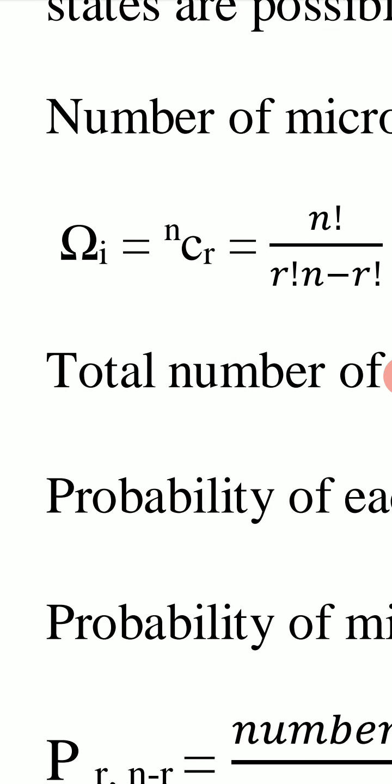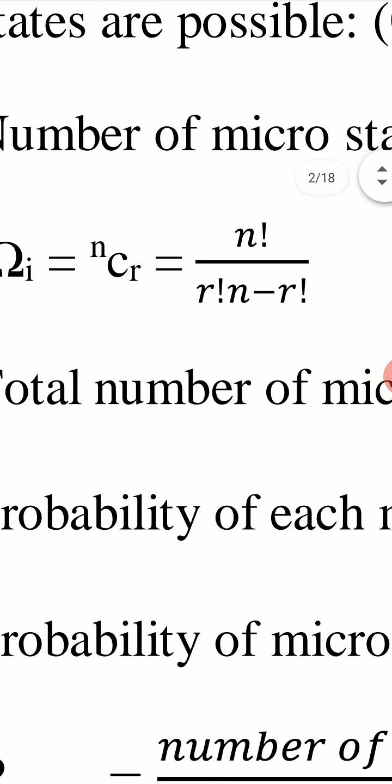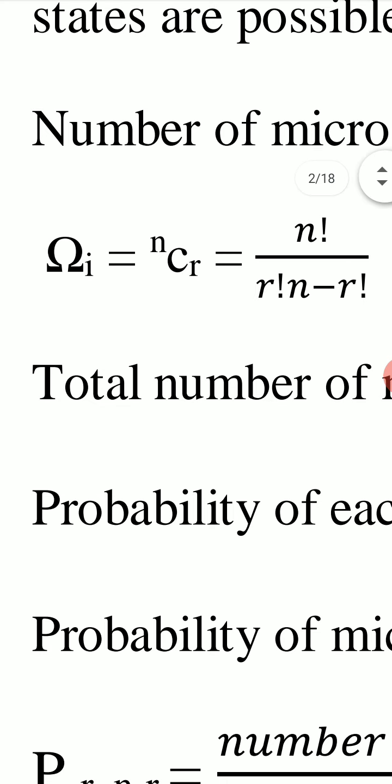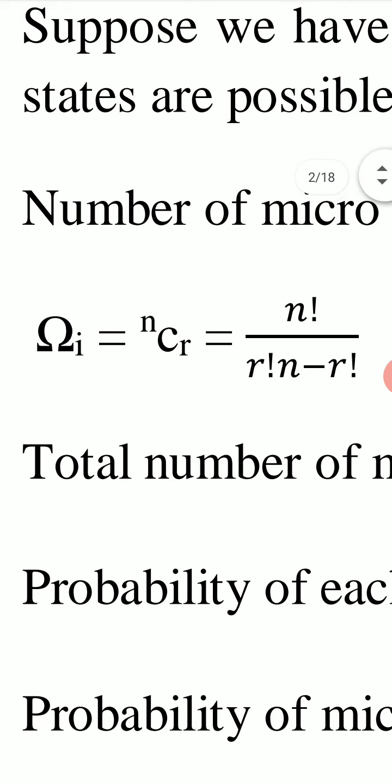So the number of microstates will be given by NCR. So omega i is NCR and it is equal to factorial n upon factorial r into factorial n minus r. So if we want to find the number of microstates for macrostate (r, n minus r), it is given by factorial n divided by factorial r into factorial n minus r.